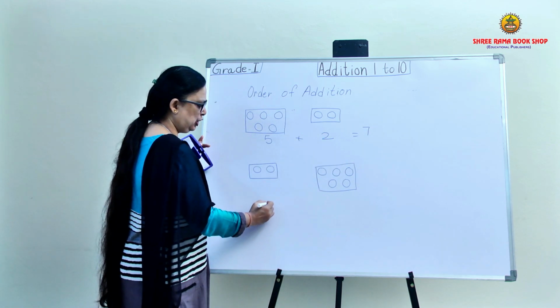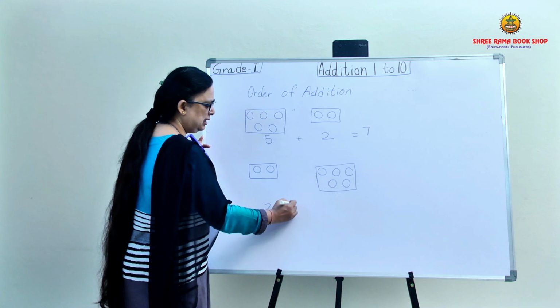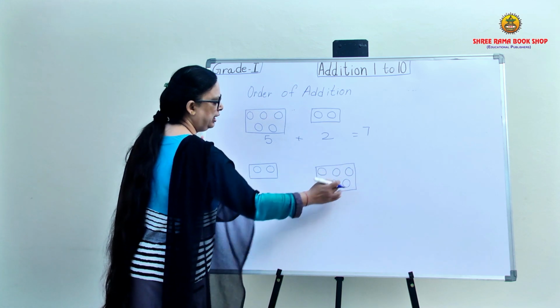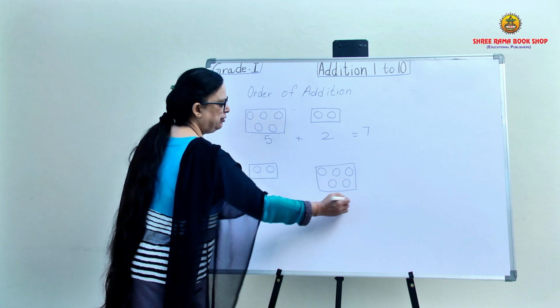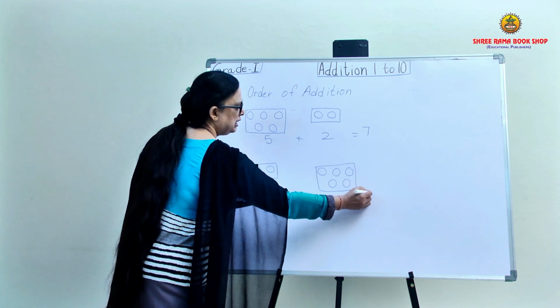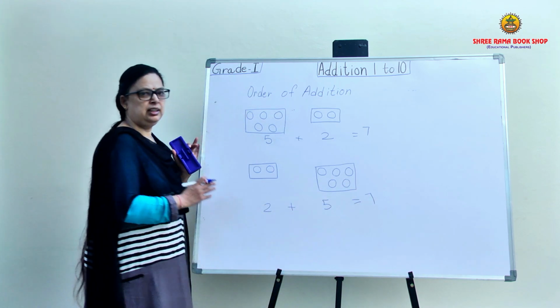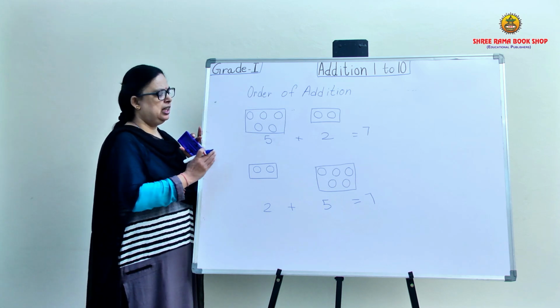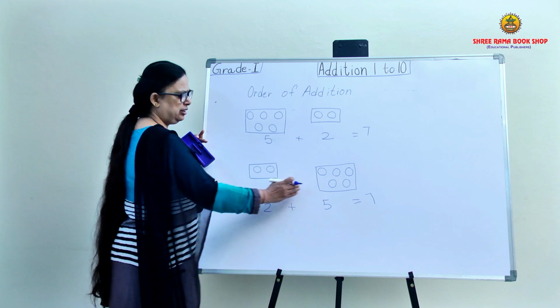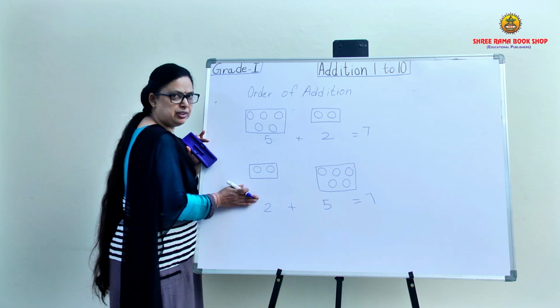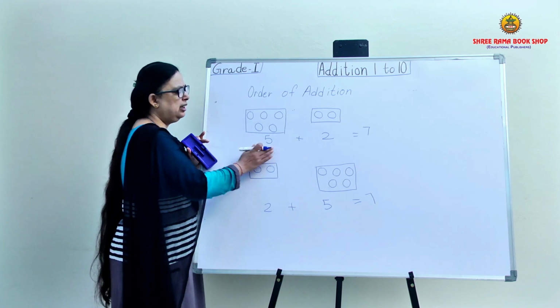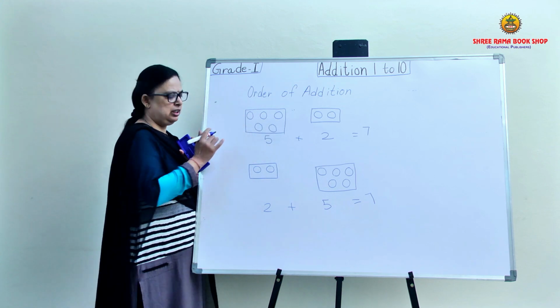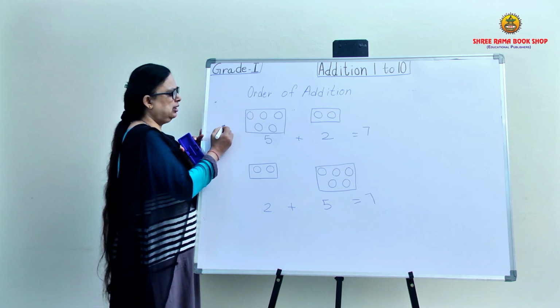Now see here, 2 plus 1, 2, 3, 4, 5. So here again 5 is equal to 7. Right? So what I mean to say when I speak about the order of addition is, whichever number is written first or written second, the answer will be the same. Another example I will give you here.